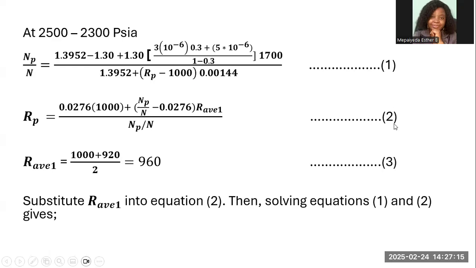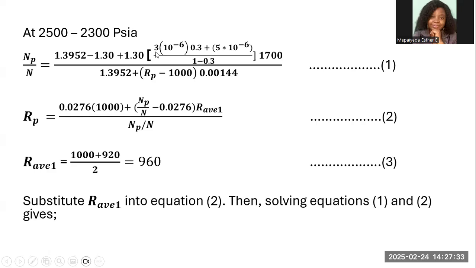So I want you to try to solve this equation. Substitute this into here, and then solve. You have this as 960 already, so you have NP over N only left in equation 1. You have NP over N here, and NP over N here.